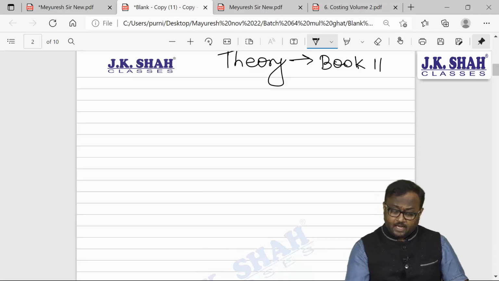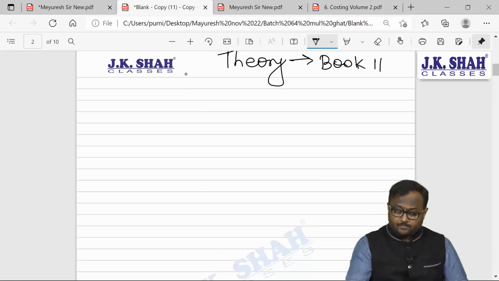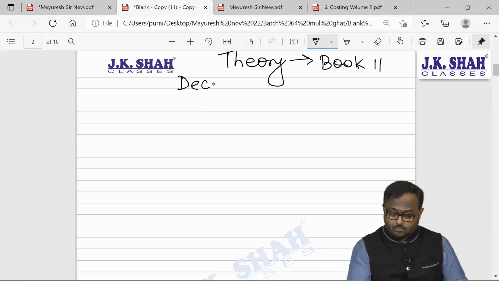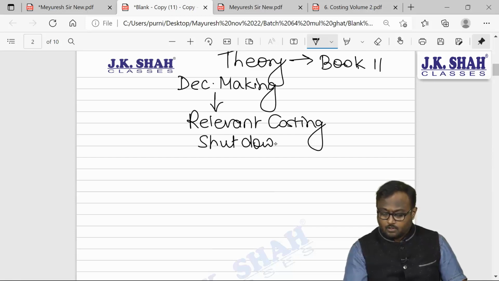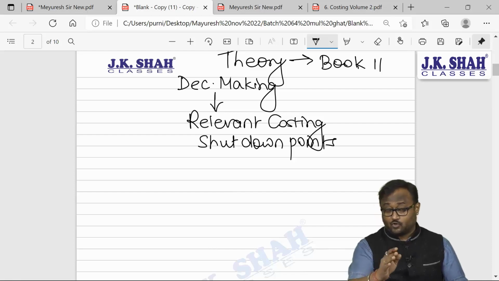And as far as practical is concerned, go for decision making. Questions based on relevant costing are very important. Shutdown point questions are important, which we have solved initially.